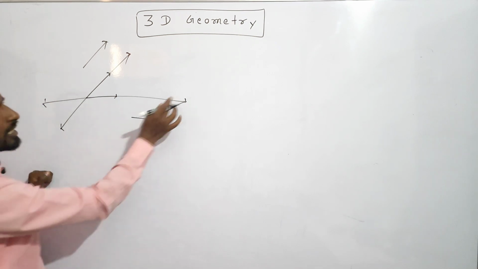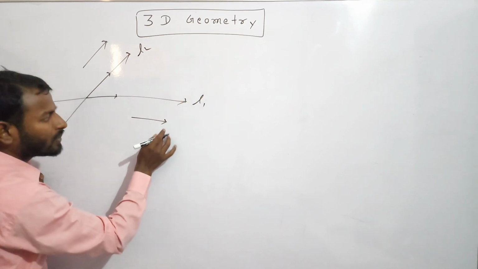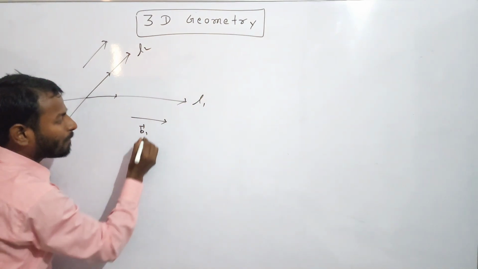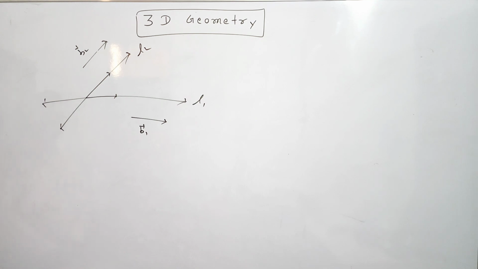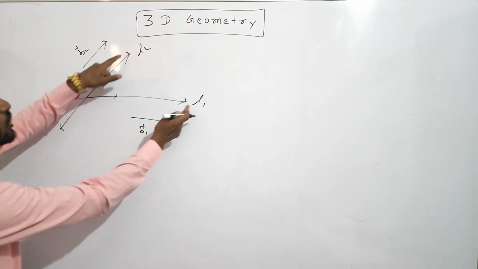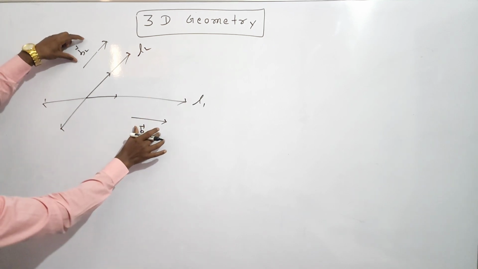Let's say this is line 1 and this is line 2. So this is vector b1, the parallel vector, and this is vector b2, the parallel vector. We have to find the angle between these two lines, in other words the angle between these two vectors.